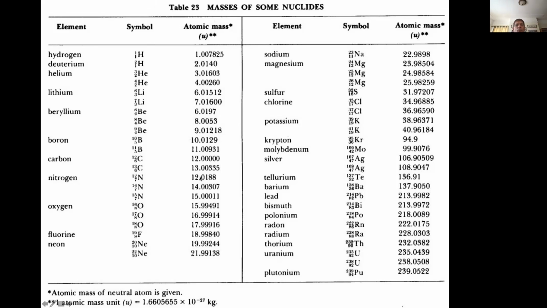Now, very quickly, notice when you get up to O-16, for the first time, you see that the atomic mass is less than the number 16. It's 15.9949. It's bound, but now you actually say, on the average, the binding here is slightly more than carbon-12.